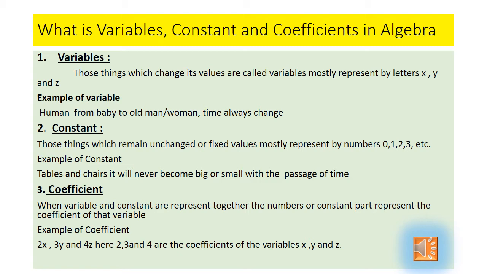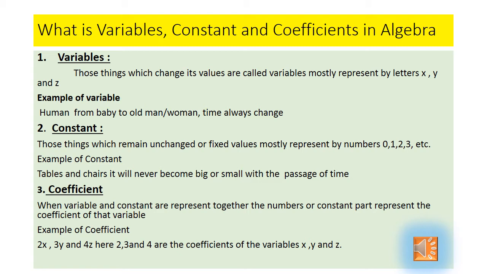The most common example of a variable is a human, from baby to old man or woman, and the time which always changes. Anything which changes its position or value is called a variable.